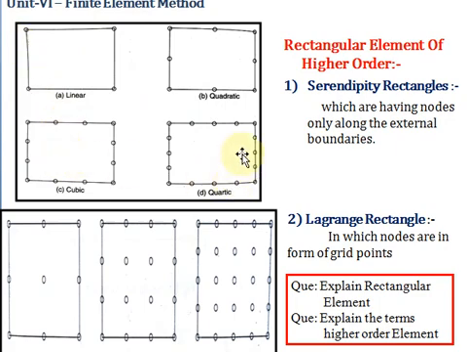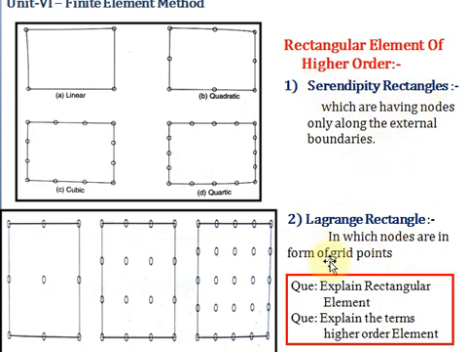So no node is at the center. They have nodes along their external boundaries. So for linear, 4 are there, for quadratic 8, for cubic 4 plus 4 is 8, 8 plus 6 is 14. So this is the first family, serendipity rectangles.